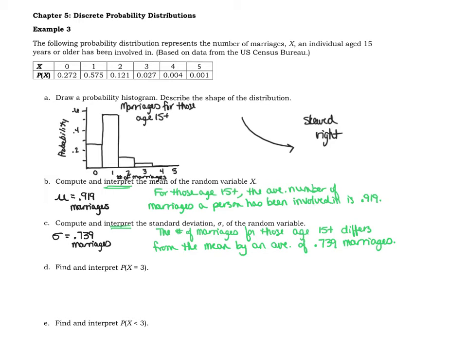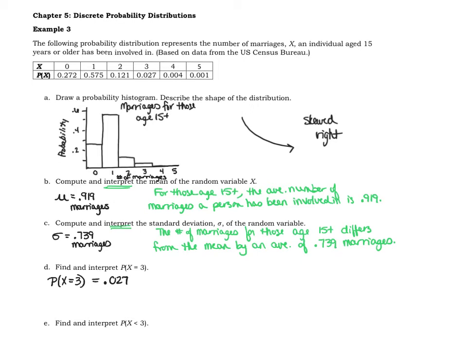Find and interpret the probability that x equals 3. Okay, so first thing, the probability that x is 3 comes from going up and looking at the table where x is 3 and finding the corresponding probability of 0.027. Now, what does this mean?